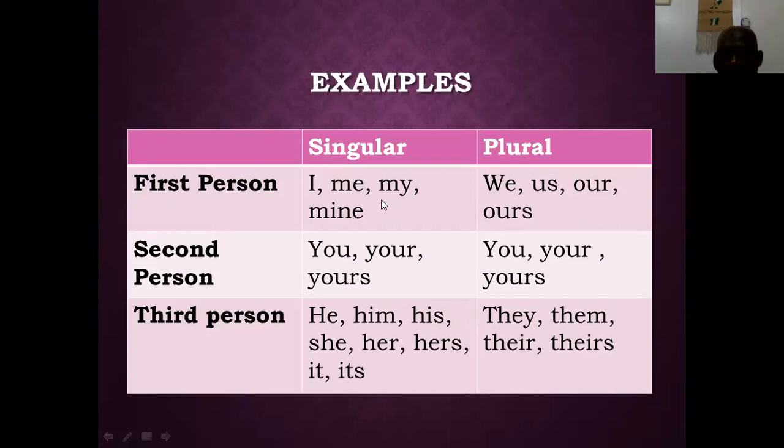For the plural, we have we, us, our, and ours. For the second person, you, your, and yours, and the plural is also you, your, and yours. For the third person, he, him, his, she, her, hers, it, and its. And for the plural, we have they, them, their, and theirs.